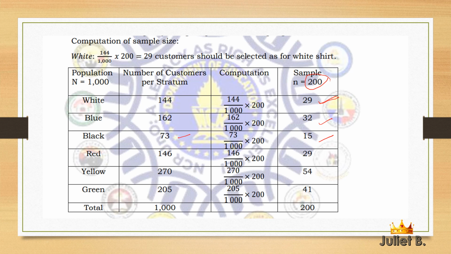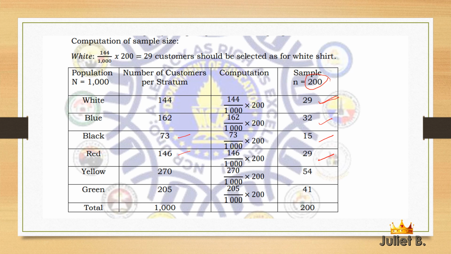Then, red. 146 customers prefer red. So, 146 divided by 1,000 is 0.146 times 200, that is 29. Naka-round off na tong mga to the nearest whole kasi ang pinag-uusapan natin dito ay tao.